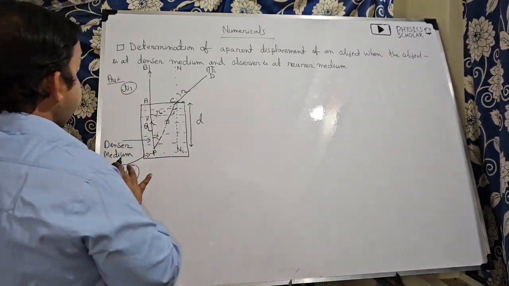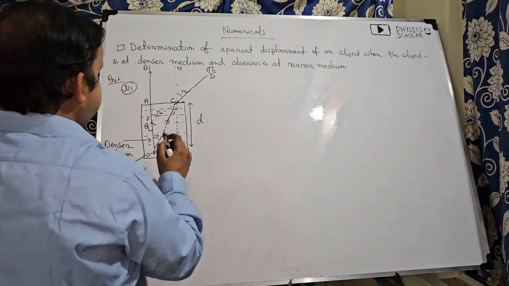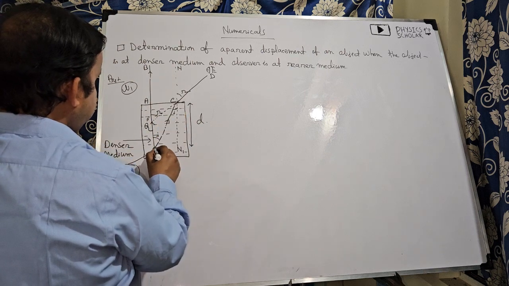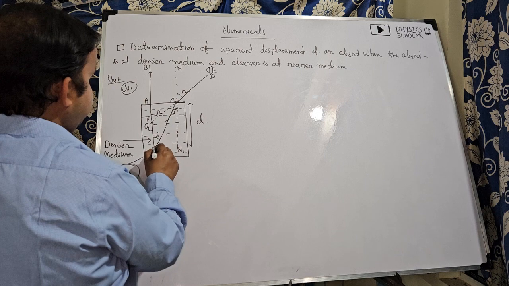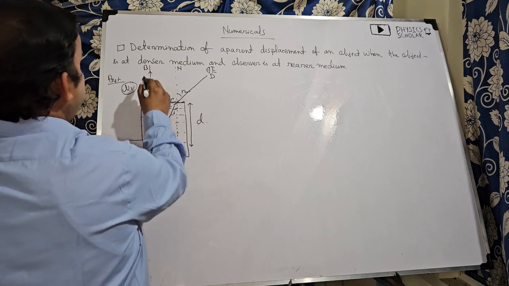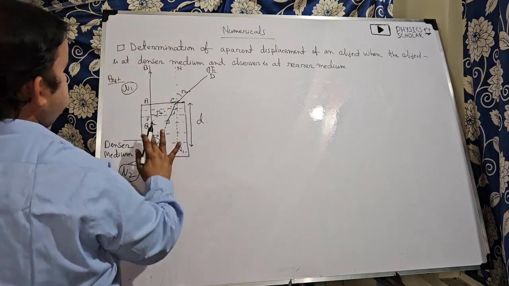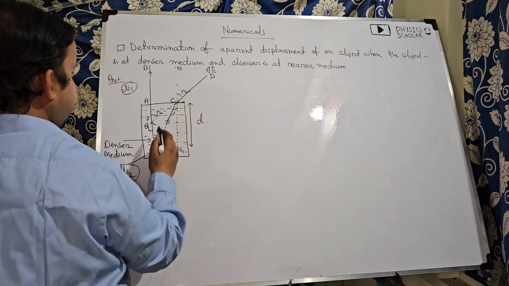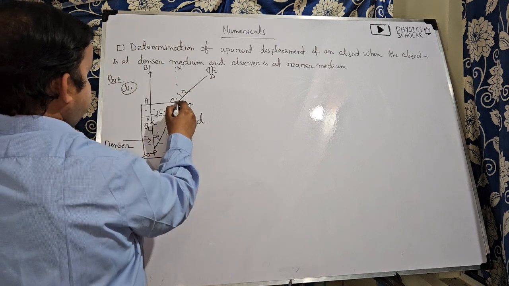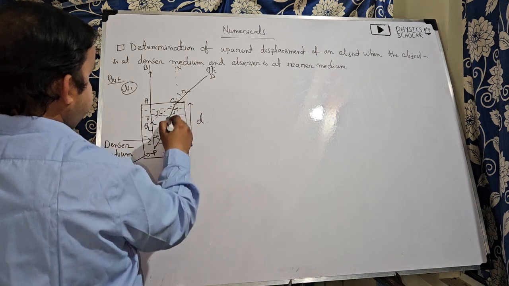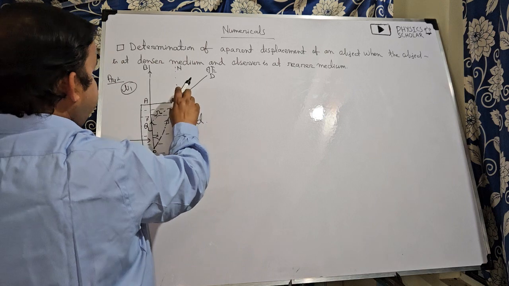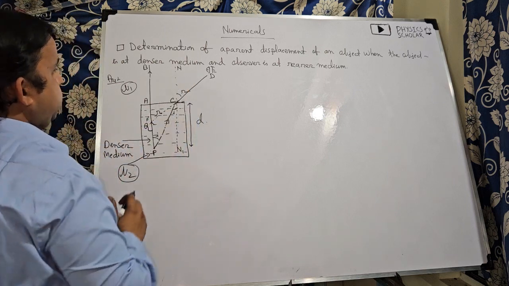Now, how to determine how much displacement will be there? I am explaining this diagram. Suppose inside the denser medium, the point P is there. One ray will move straight without any refraction, without changing direction. Another ray PC will be incident at point C, and from denser to rarer medium it will move away from the perpendicular.